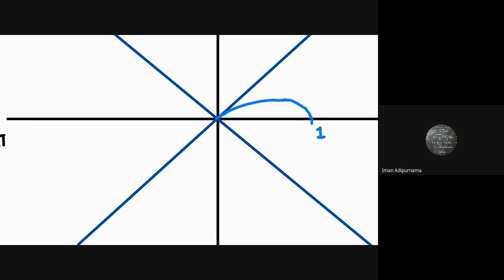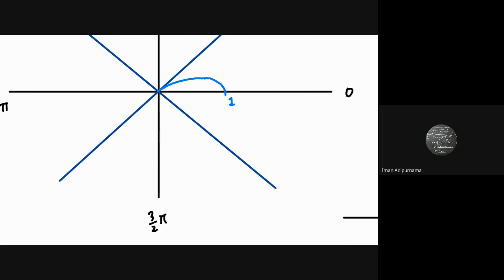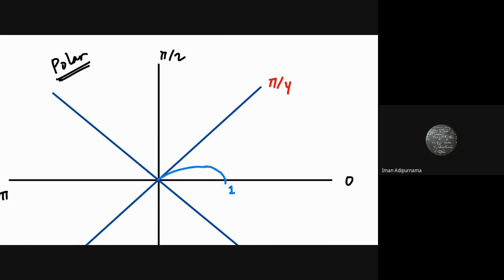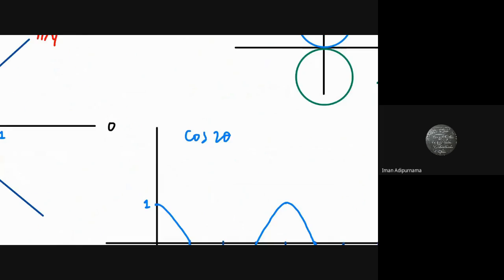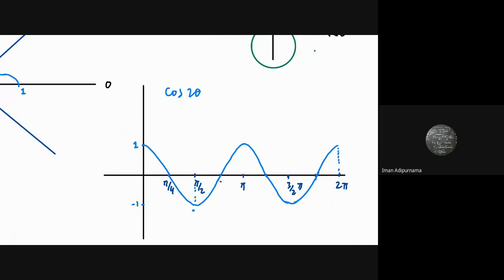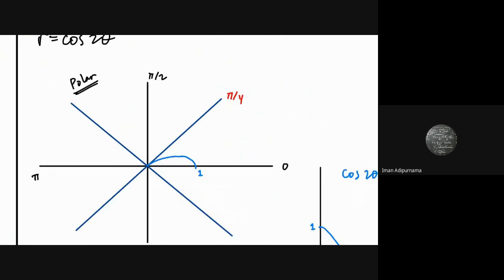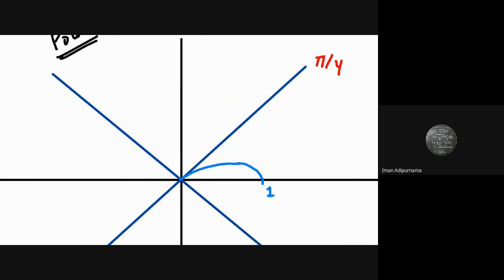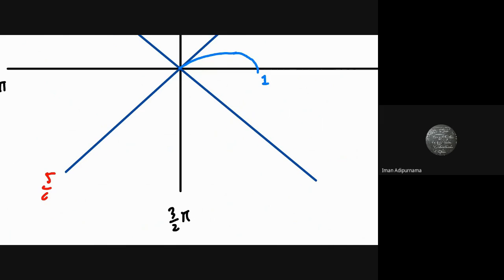So let me write, this is 3 over 4 pi, this is 5 over 4 pi, this is 7 over 4 pi. So we will have 3 over 4 here, and 5 over 4, and 7 over 4 pi.